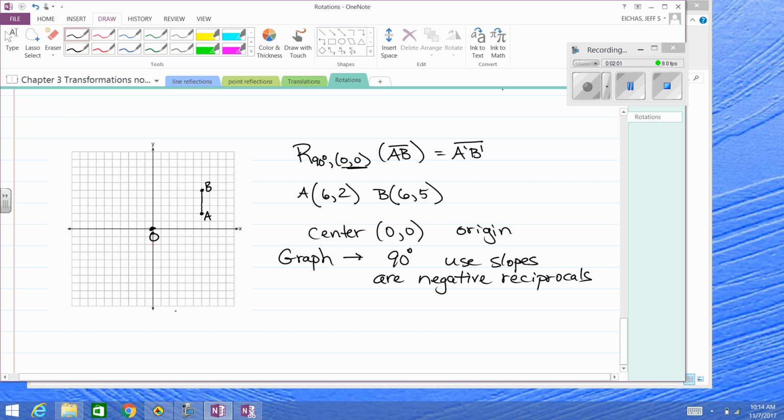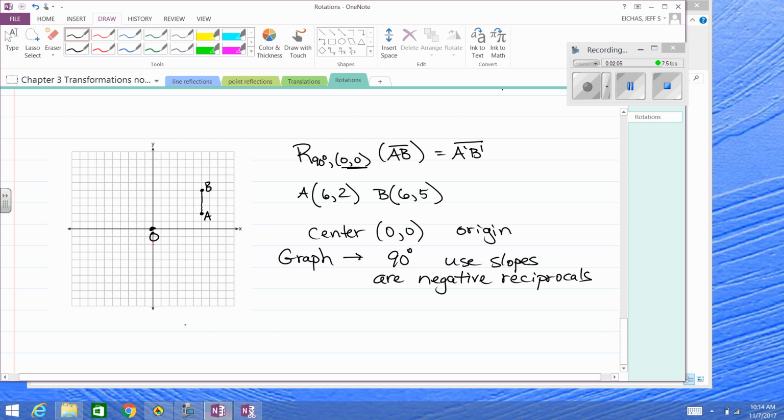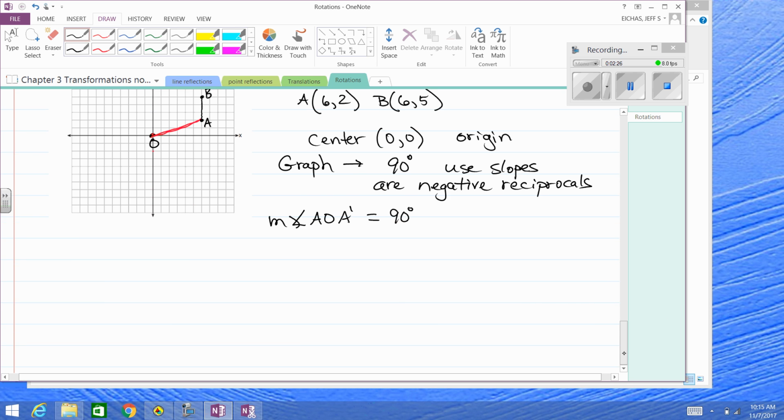So we'll see that. What I have to do is go from O to A and calculate that slope, because I have to create a 90-degree angle between A to O to A prime. That measure has to be 90 degrees. And to do that, I'm going to use slopes that are negative reciprocals.